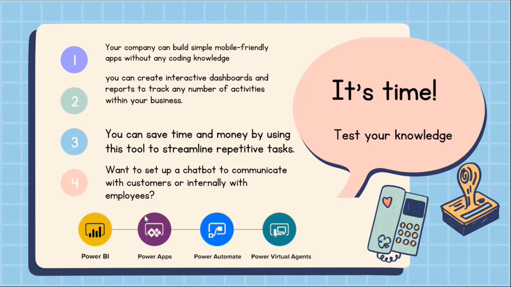Also, it has an artificial intelligence feature, with which you can recognize data in a PDF file, for instance, which is kind of difficult to do with the Power Automate web-based version.